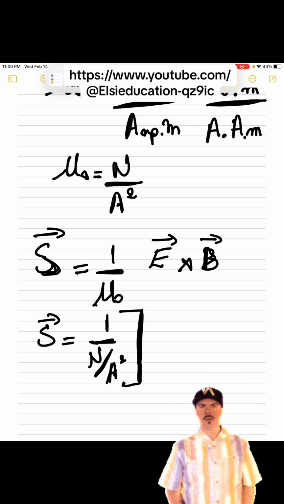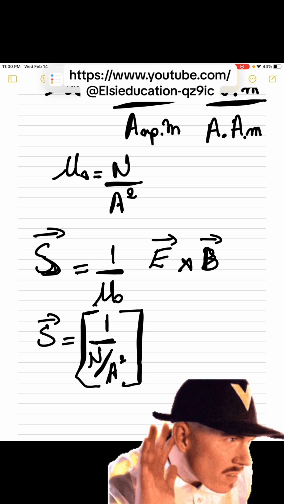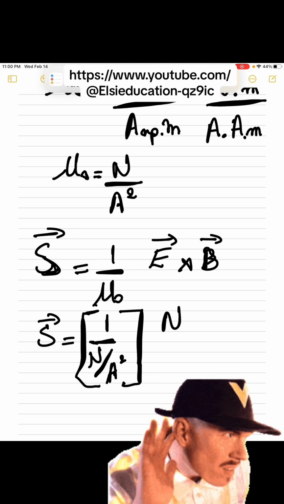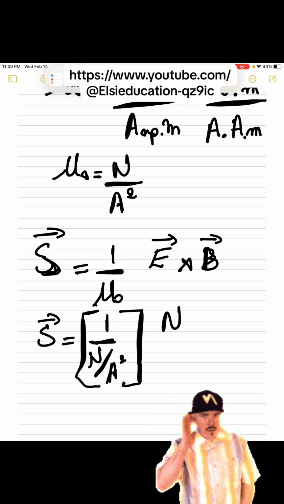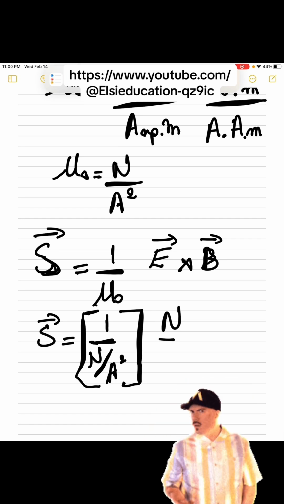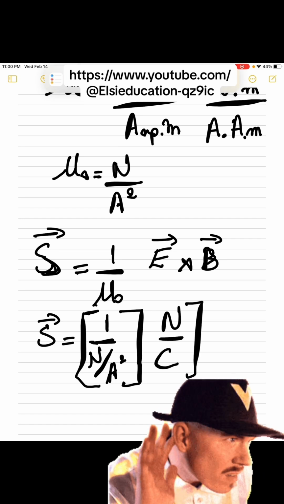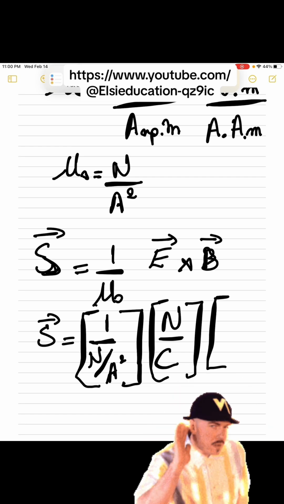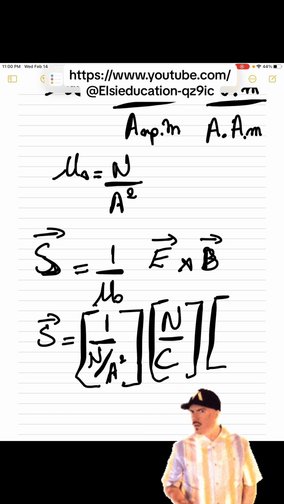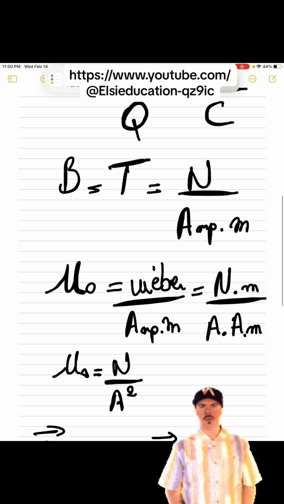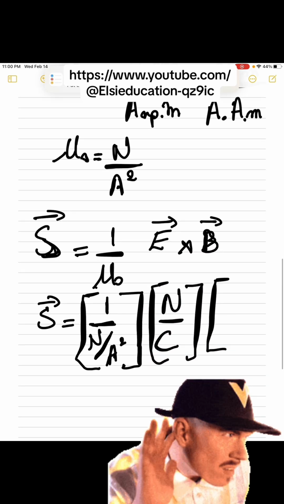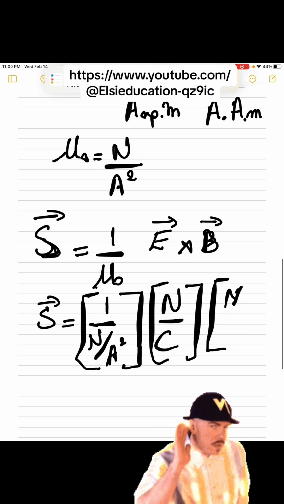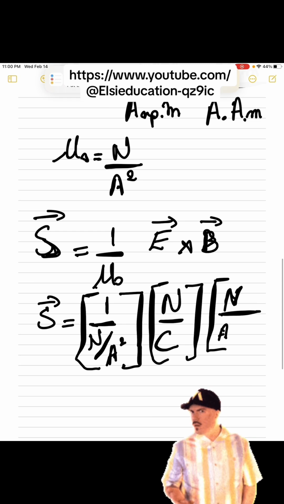What is the unit of the electric field? That's Newton divided by Coulomb. And what is the unit of the magnetic field? That's Newton divided by amp multiplied by meter.